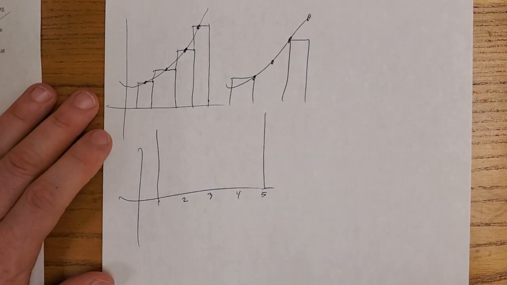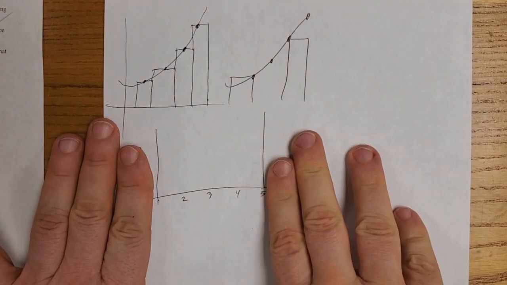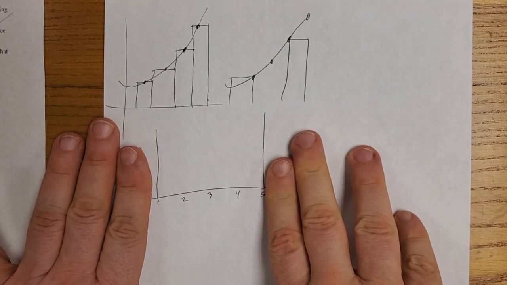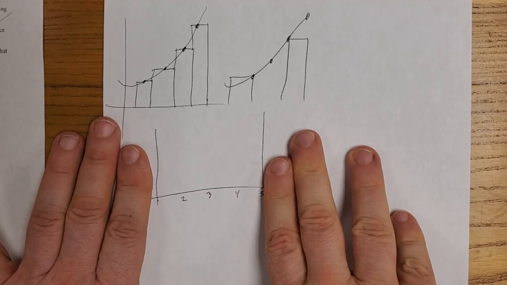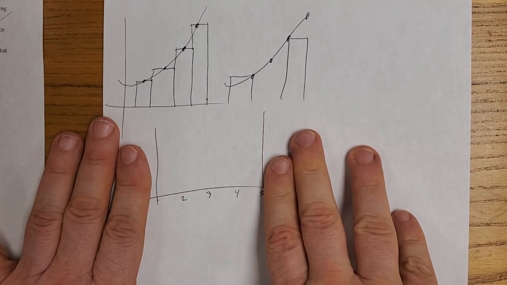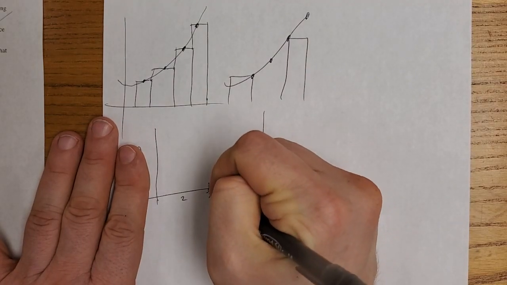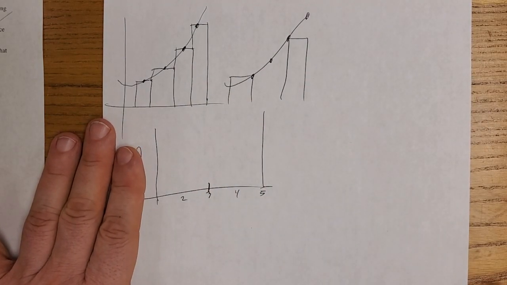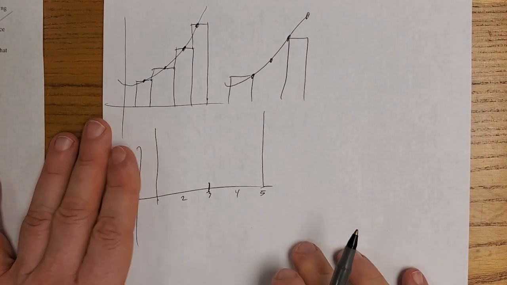Mathematically, it's 5 minus 1 equals 4 wide. If we subdivide 4 into two rectangles, they're going to be 2 wide. So the other boundary is going to be at 3. Those are the boundaries of our rectangles, 1 to 3 and 3 to 5.